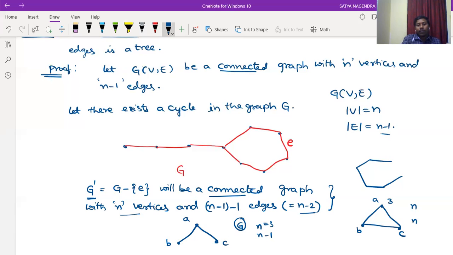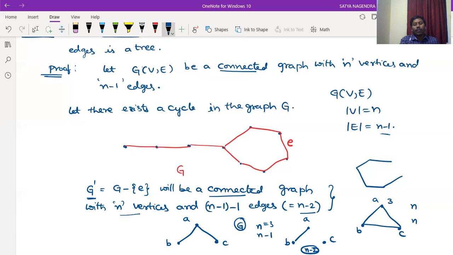If you remove one more edge from this, with 3 vertices, then only one edge will remain. If I remove the edge A to C, then we will have an edge only between A and B. That is the case of n minus 2 edges.